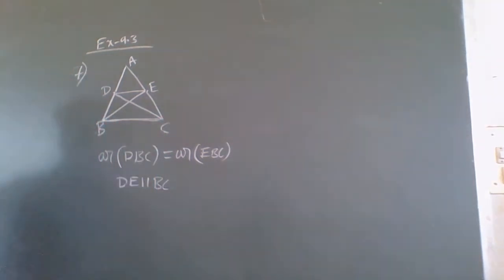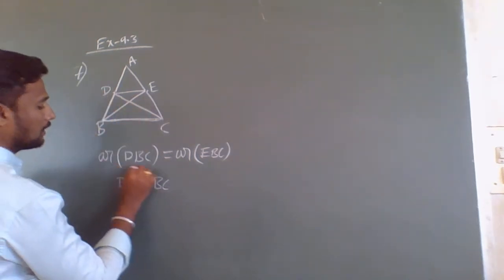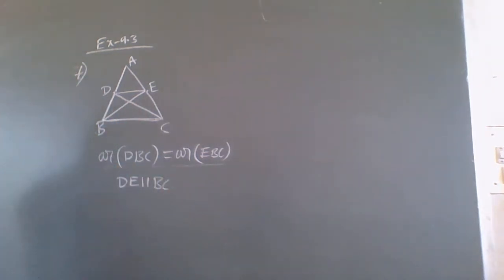This is the base BC and also have equal areas. They have given that these two triangles have equal area. Therefore, you can write that triangle BCE or here EBC and DBC are between same parallel lines.